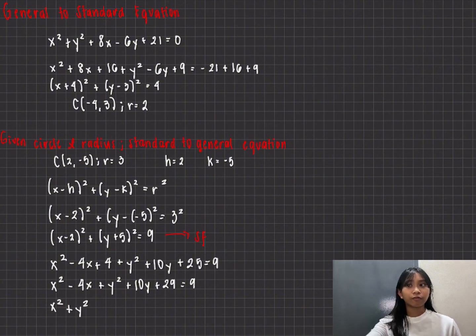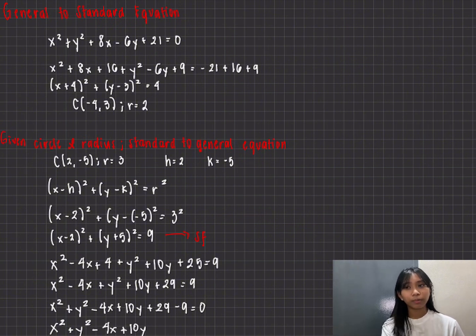Then we add 4 plus 25, that will give us 29. Transpose 9, then subtract it from 29. So 29 minus 9 equals 20. After which, we arrange and we will come up to our general equation. So our general equation will be x squared plus y squared minus 4x plus 10y plus 20 is equal to 0.